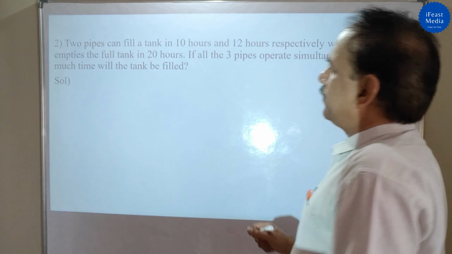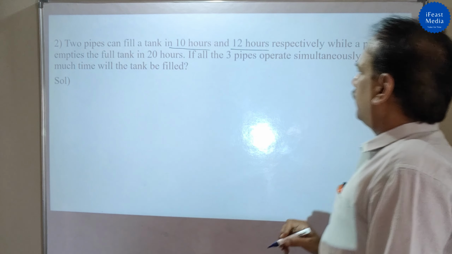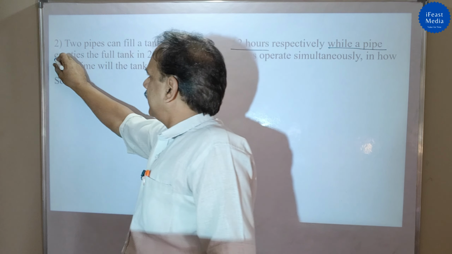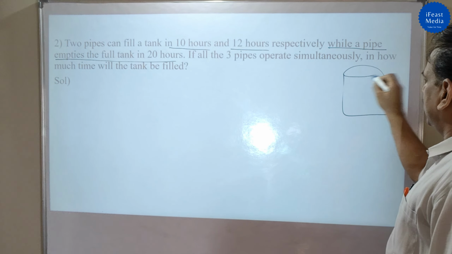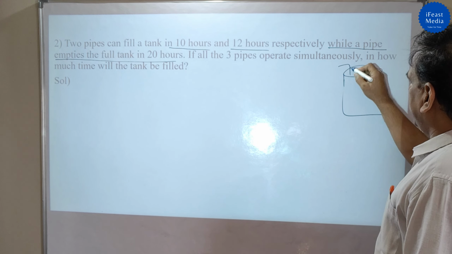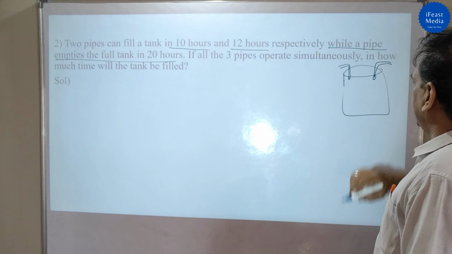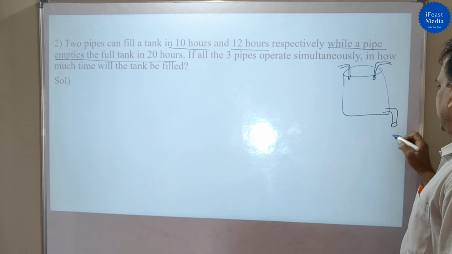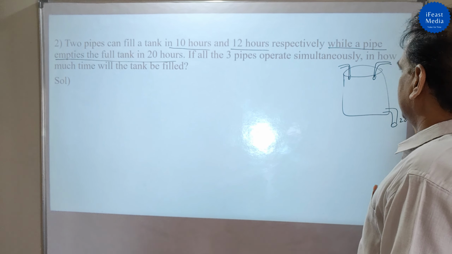Coming to this problem, 2 pipes can fill a tank in 10 hours and 12 hours respectively, while a pipe empties the full tank in 20 hours. You have the tank, 2 taps or 2 pipes that are filling the tank, whereas another pipe can empty the tank in 20 hours.